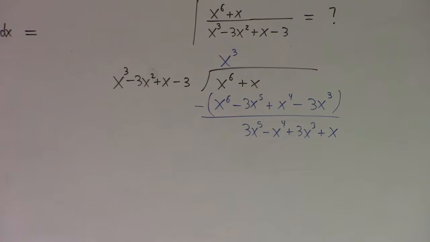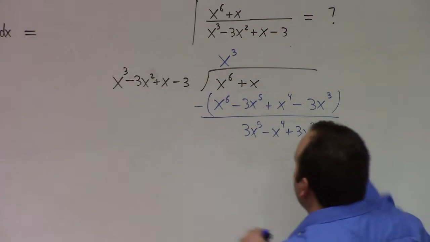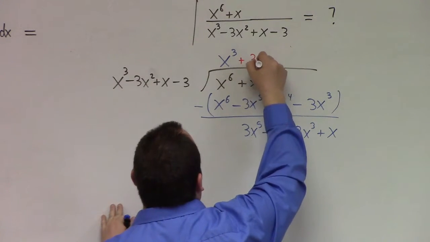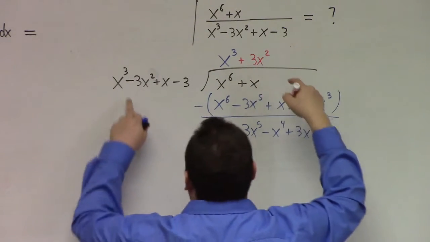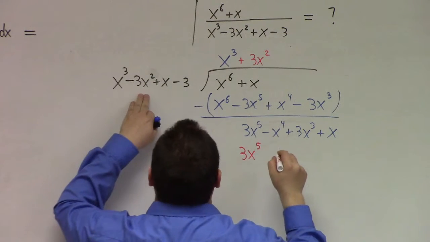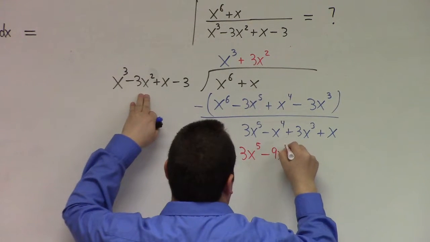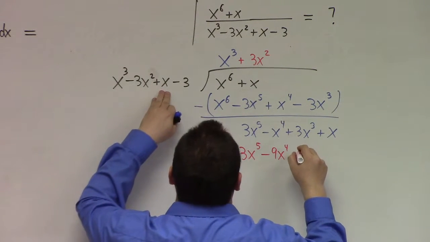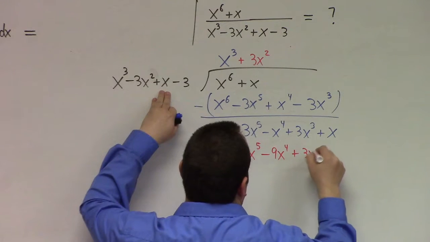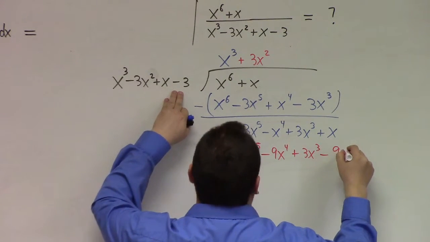All right, how do I get 3x to the 5th from my divisor? Multiply by what? Yeah, plus 3x squared, right? So that gives me 3x to the 5th, and then minus 9x to the 4th, plus 3x cubed, minus 9x squared.